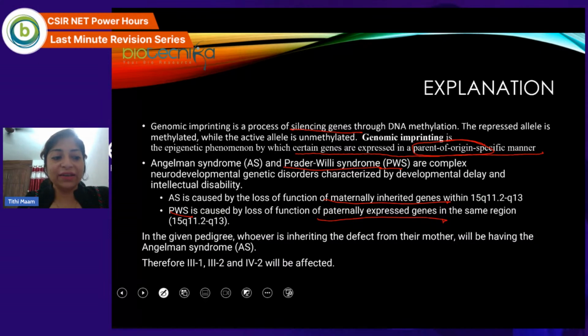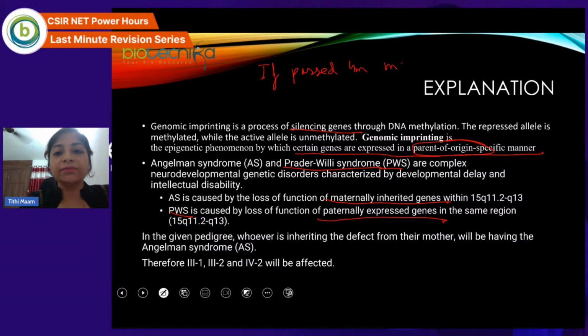Is this clear, everyone? So if passed from the mother, the consequence is Angelman syndrome. If passed from the father, the consequence will be Prader-Willi syndrome.